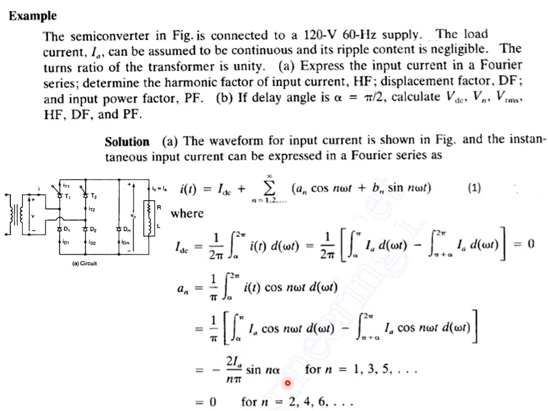For only odd values of n there will be a sine term; for even values the term is going to be 0. So for odd terms it is minus 2 Ia by n pi sine n alpha, and this value will be 0 for all the even terms.